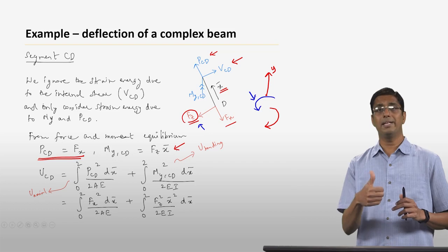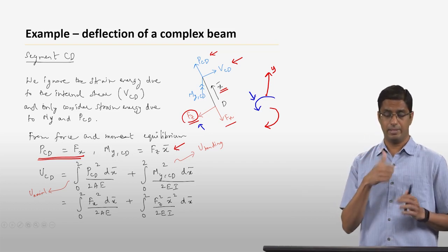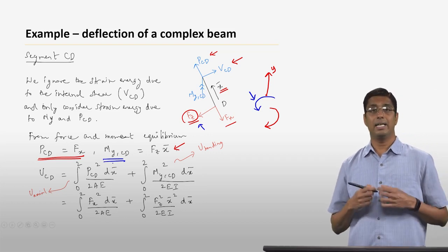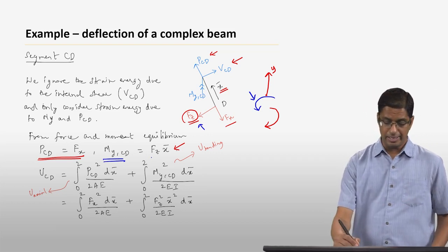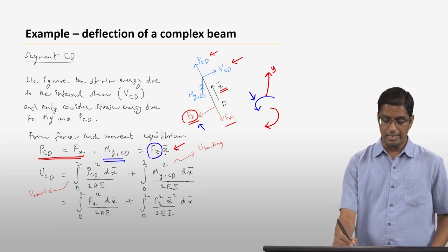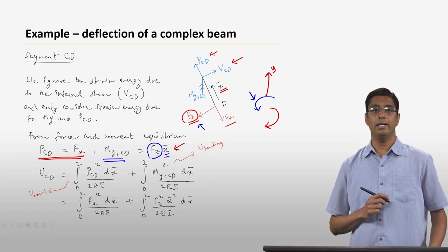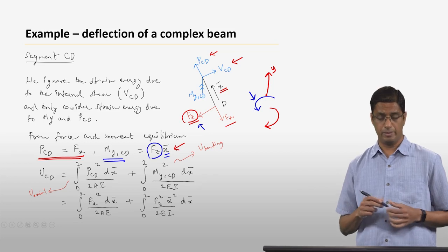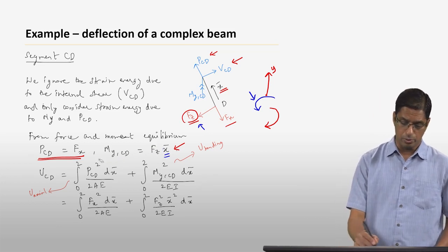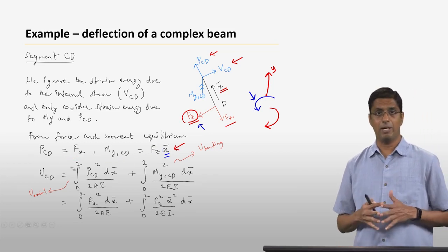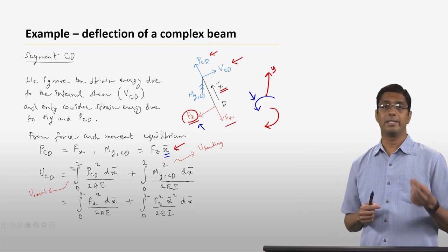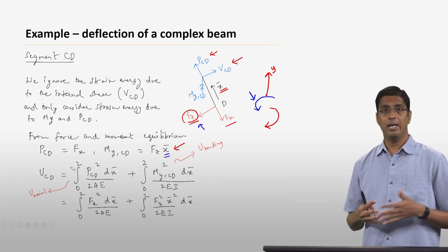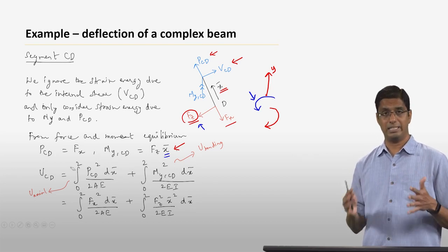So the moment is along the y direction. That is why we have this MYCD, and that is going to be nothing but Fz times x bar. That is how you get this expression for MYCD. That is something you must keep in mind. You always have to be careful about finding out the direction of the moment that is happening internally and have the right sign and the right subscript.